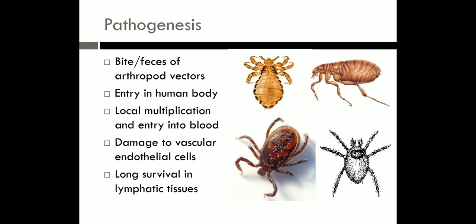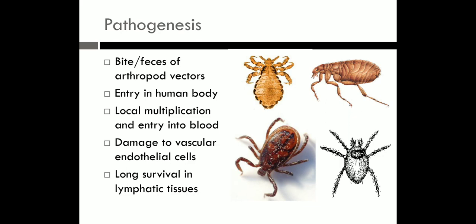This actin polymerization takes place only in the spotted fever group, whereas in the other groups, like the typhus group and the scrub typhus, they accumulate in the cell till the lysis of the cell takes place.